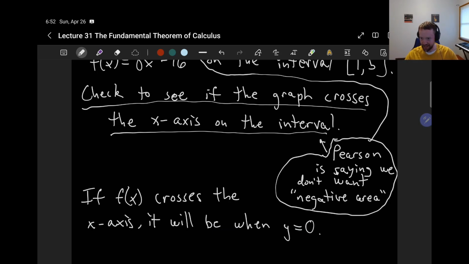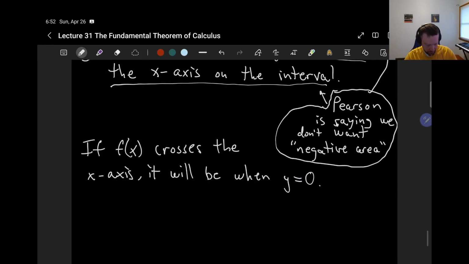That's what it means to be on the x-axis. Y is 0. So we plug in 0 for f of x, or y. And then we solve for x. And well, we need to make sure it's in our interval. Otherwise, we don't care.